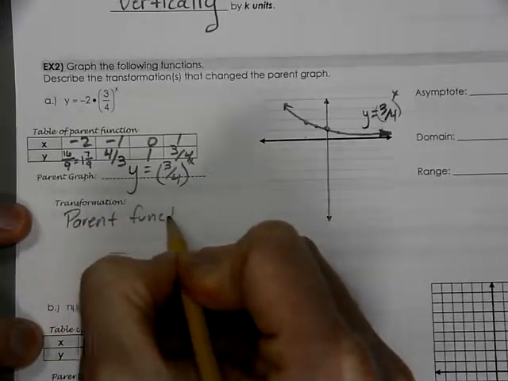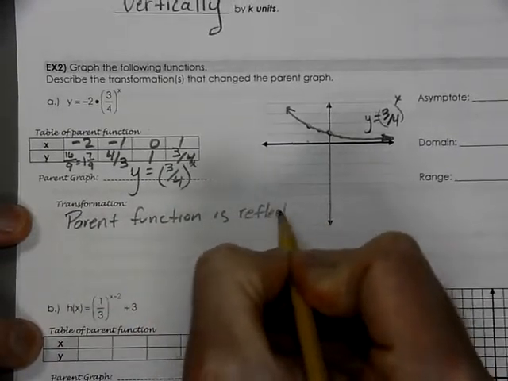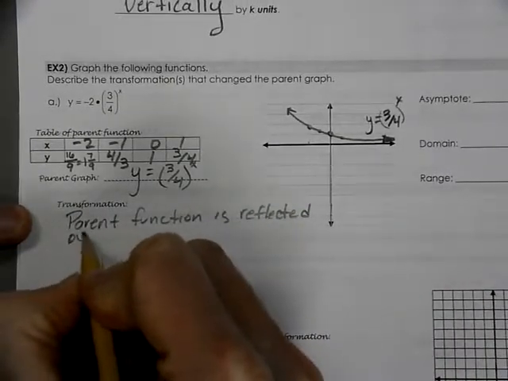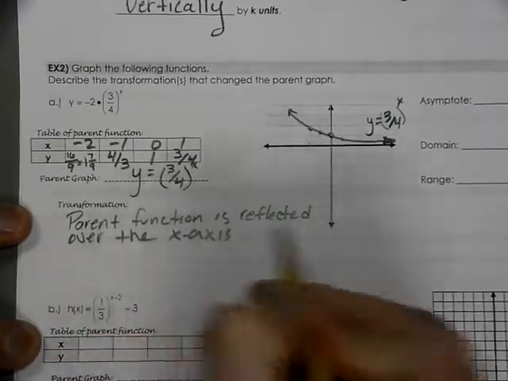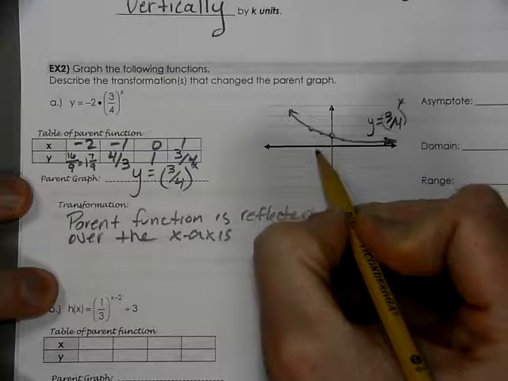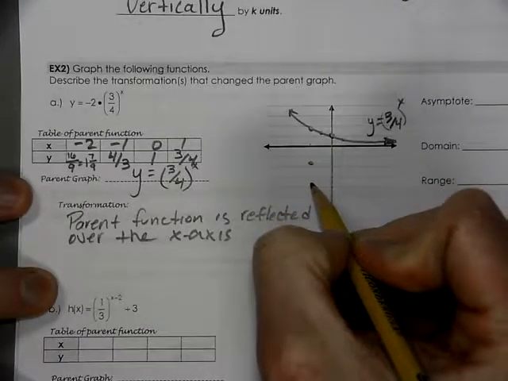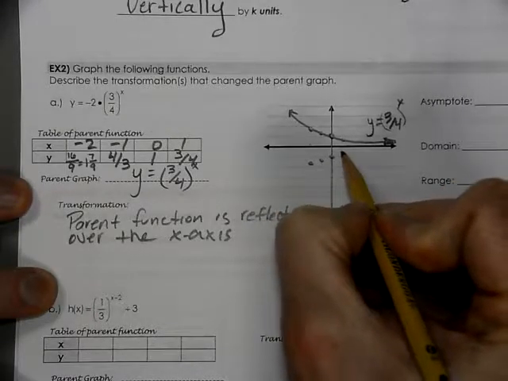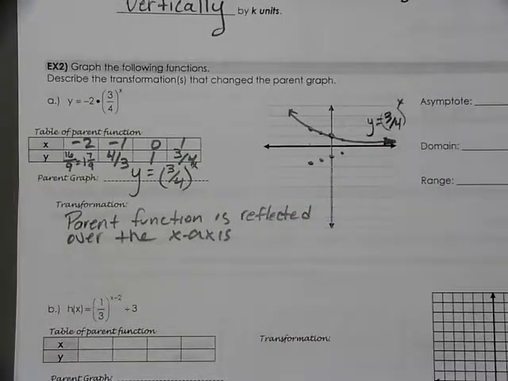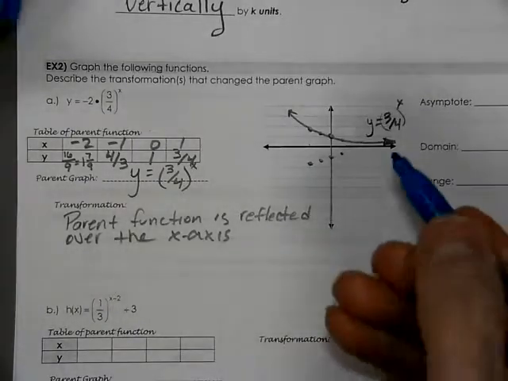Parent function is reflected over the x-axis. So you're going to take all of those values and multiply them by a -1. So we'll graph this one out.